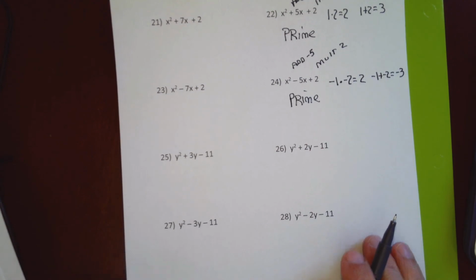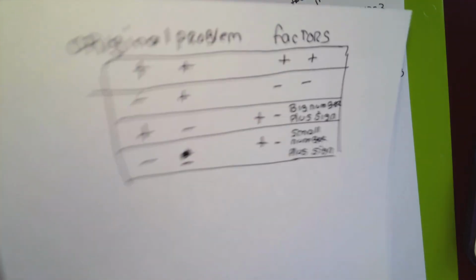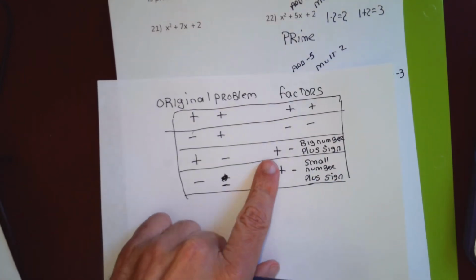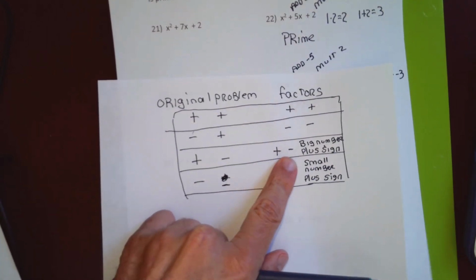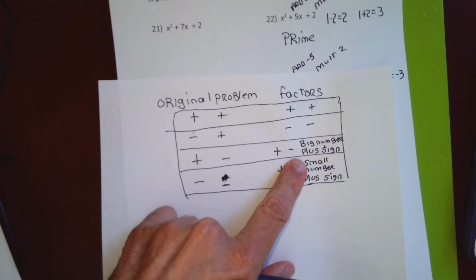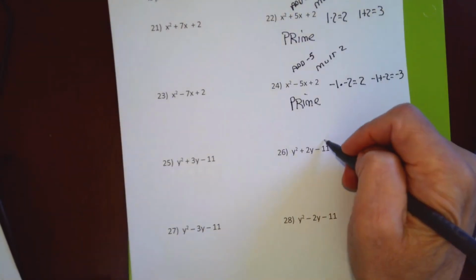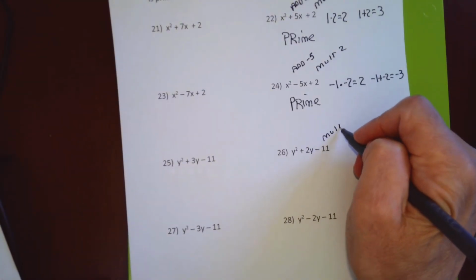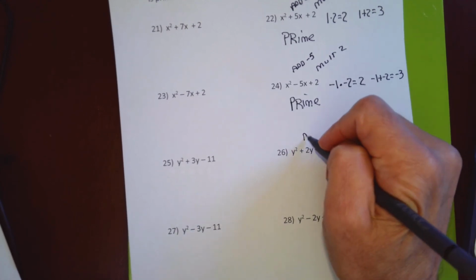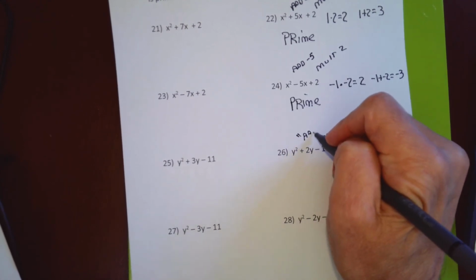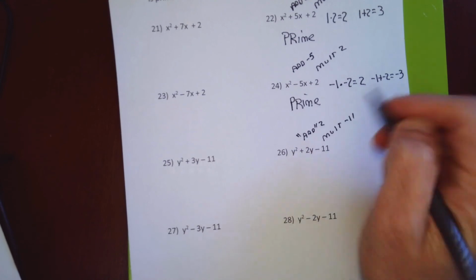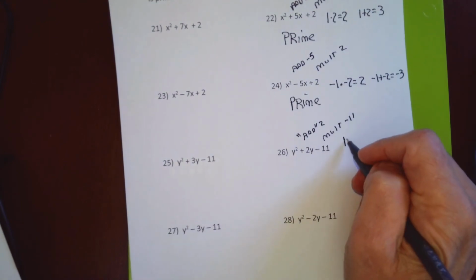Number 26, when I break up, it's a plus minus because the signs are plus and minus. When I do the factors, I need plus and a minus, big number plus, small number minus. I'm looking for numbers that multiply to negative 11 and that quote-unquote add, but it's really subtracting, to 2. Big number plus, small number minus.